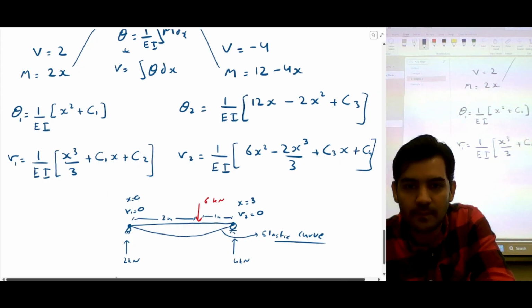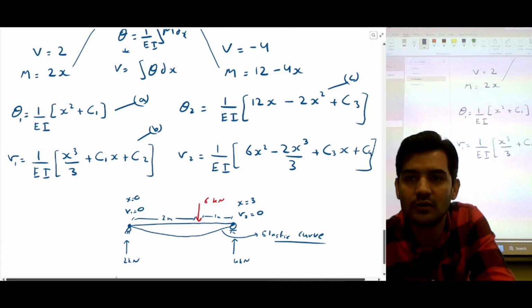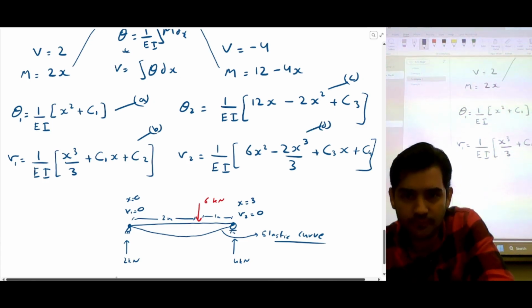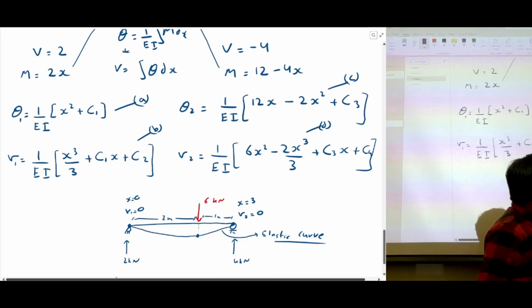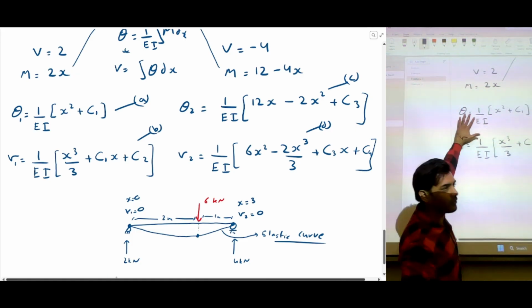So I'm going to call this equation A, this equation B, this equation C, and this equation D. Before this point, from here to here, these two equations are applicable.